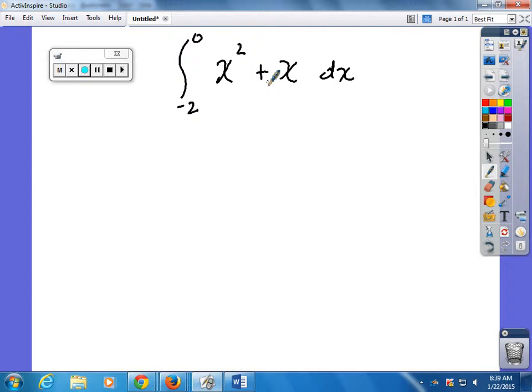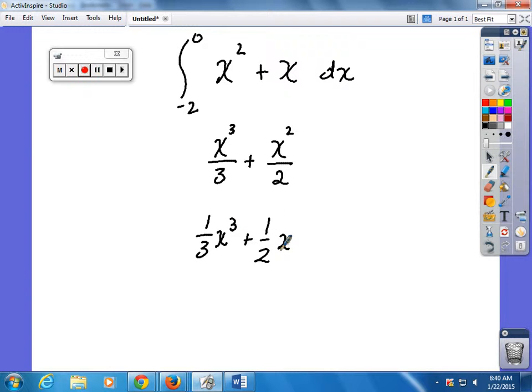This would be x to the third over 3 plus x squared over 2, or you could write it as 1/3 x cubed plus 1/2 x squared, both evaluated at -2 and 0. Okay? And using the fundamental rule of calculus, just plug and chug.